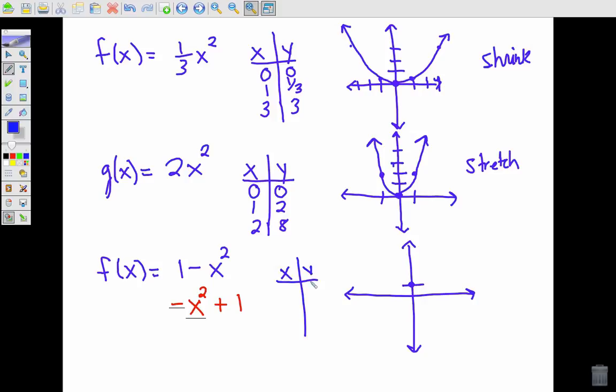You can build a table of values. If I put 0 in, I get 1. Got that point plotted. If I put 1 in, I get 0. If I put 2 in, I get -3.